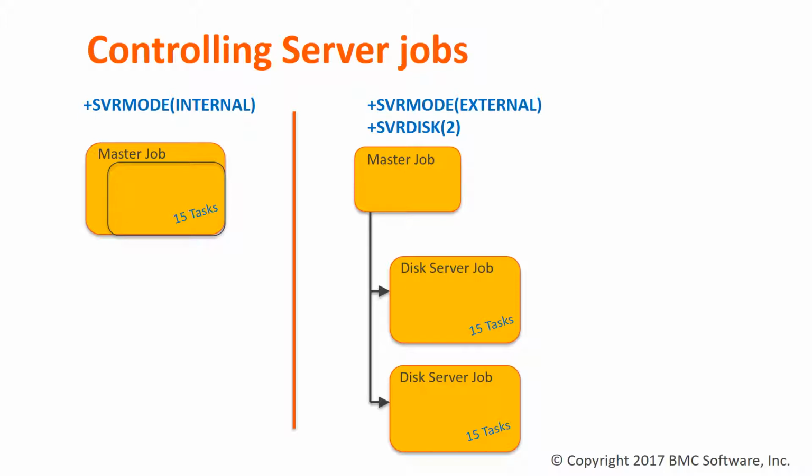With this, all of the reorg work is done in the server jobs. Since it also specified server disk 2, we will get a maximum of 2 disk server jobs. In this case, the master job will only manage the work queue and do after reorg processing, such as change apply and fast switch rename. Since all the heavy lifting for reorg is done in the servers, this master job CPU and memory usage will be minimal.